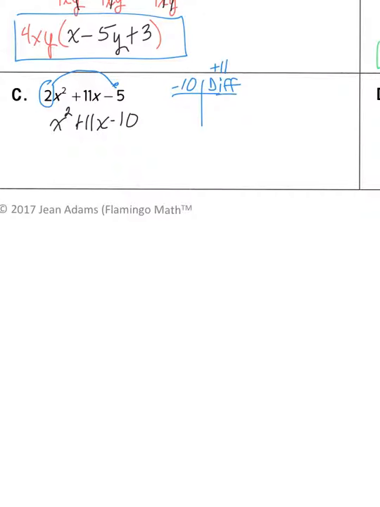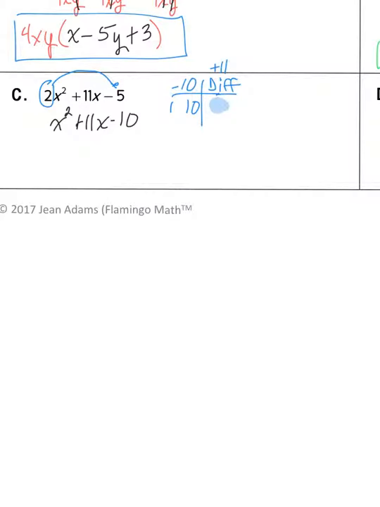Are there any factors of 10 that subtract to give me 11? There's factors of 10 that add to give me 11 because I've got 1 and 10. But remember, my product here is negative. So I've got to find the factors of 10 that subtract to give me 11.